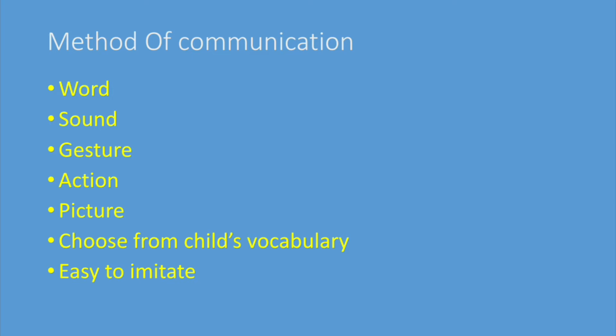You can use actions like pointing at the back, or sitting or squatting and showing, or you can use gestures like facial expressions where you tighten your facial muscles and show how to push. You can use any of these things and make sure that it is easy for the child to imitate.